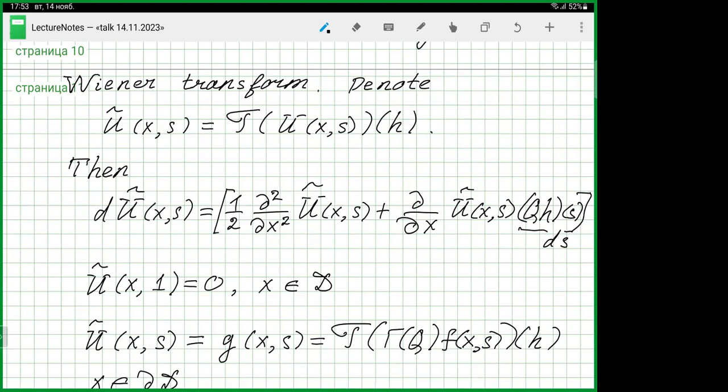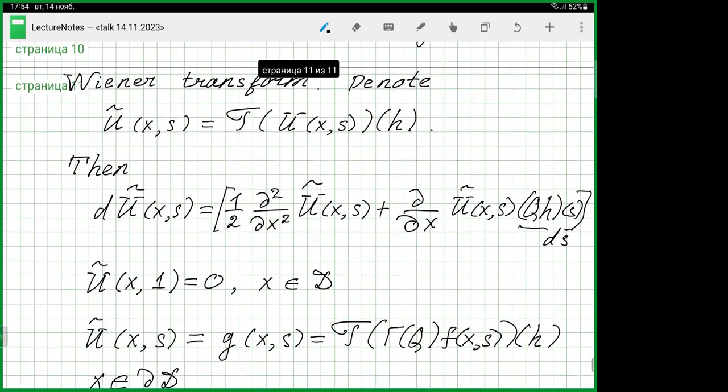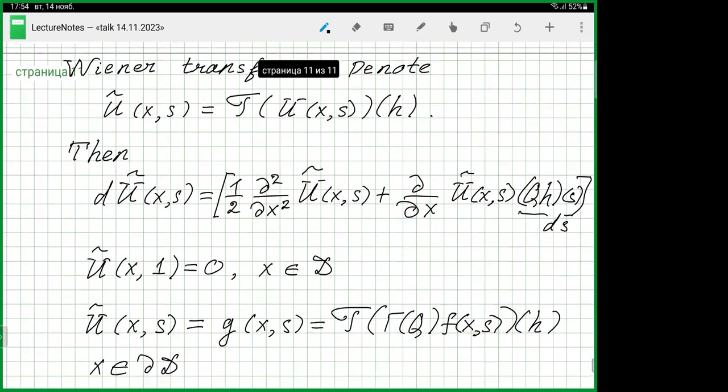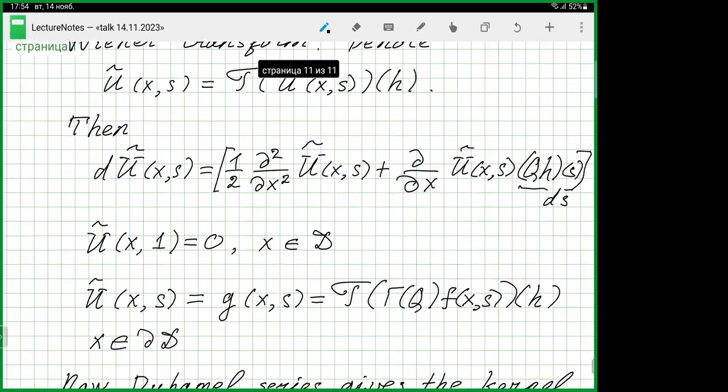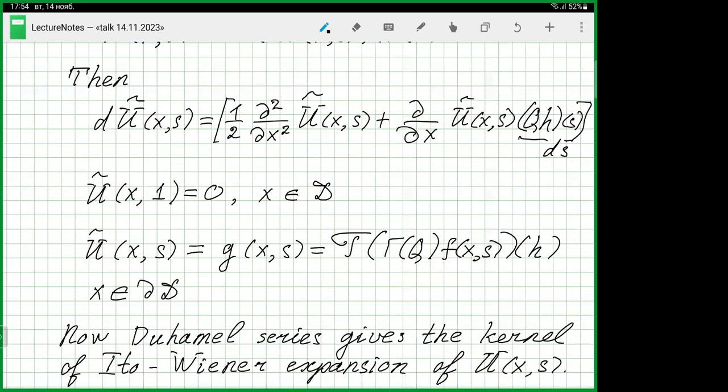So when D has a smooth boundary, one can use the Duhamel series to get the Ito-Wiener expansion of this UXS, because what will be the Duhamel series?